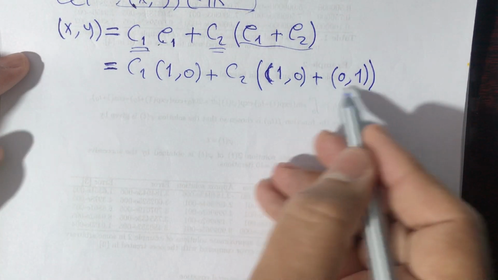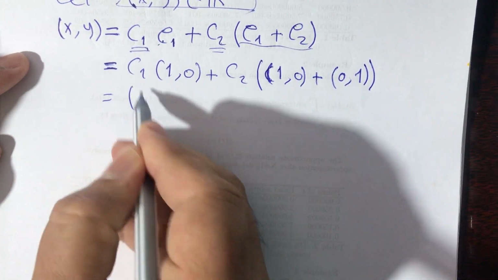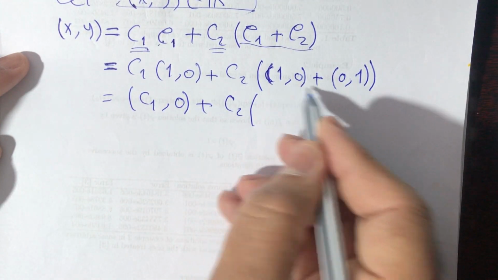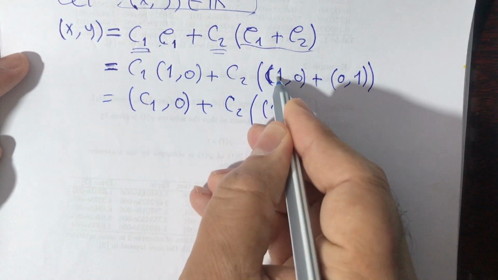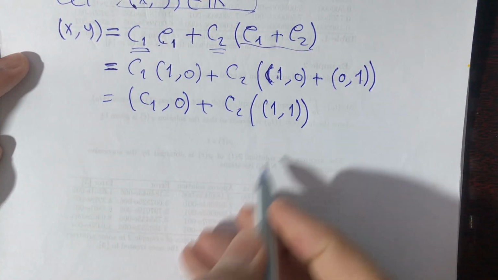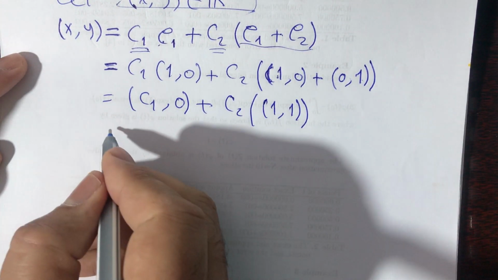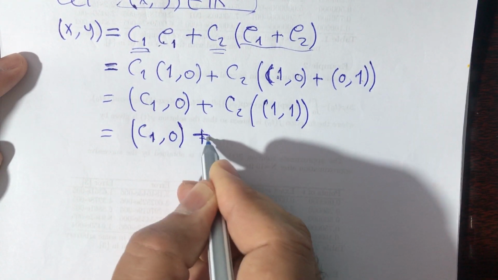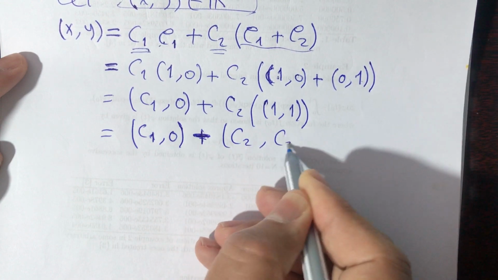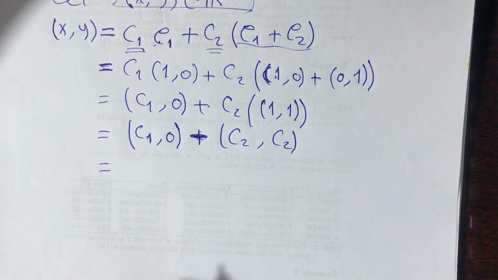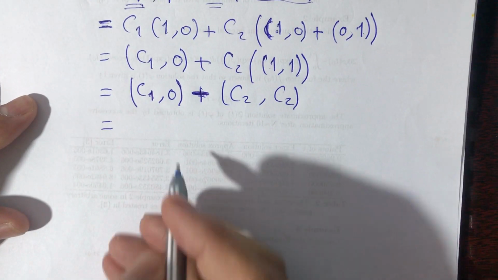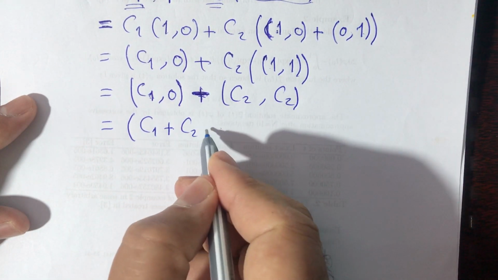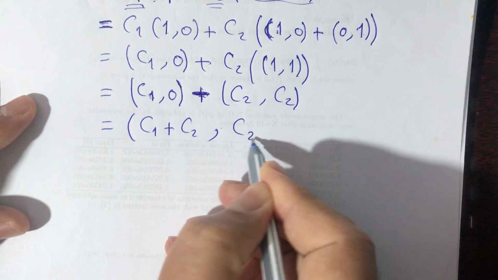Here we can sum and move it: C1 times (1, 0) plus C2 times (1, 1) is (C1, 0) plus (C2, C2), and this will be equal to (C1 plus C2, 0 plus C2), which is C2.